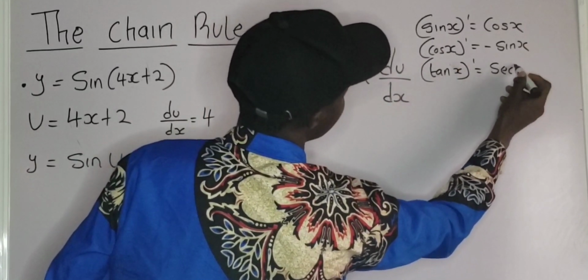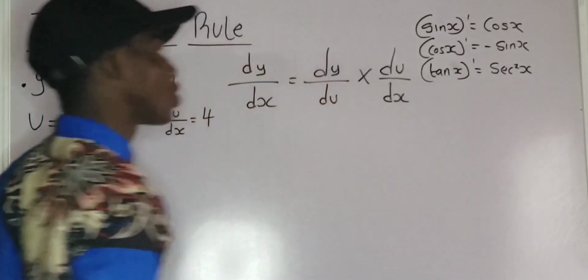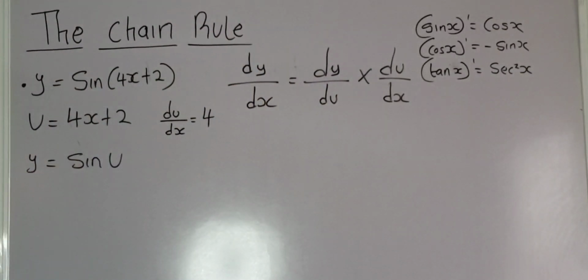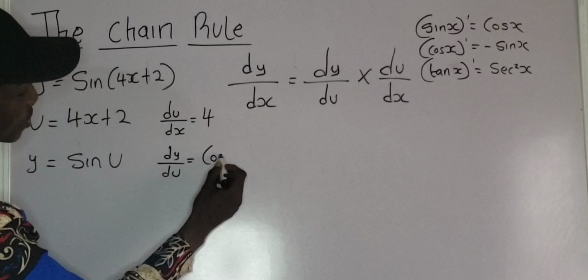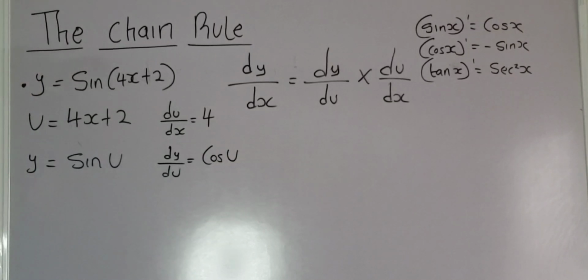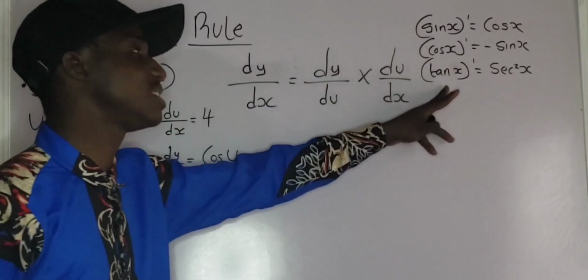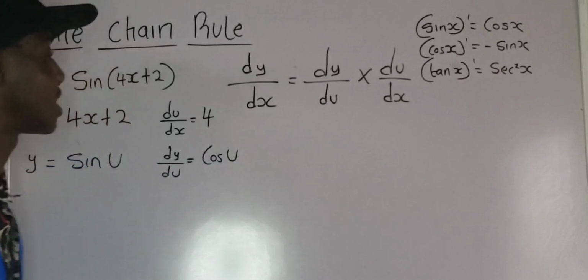Sec squared x, right? So we are going to make use of this here. If you differentiate sine u, you are going to get cos u. You understand? So dy over du is equal to cos u. It's very important that you master this, okay? Okay, let's proceed.